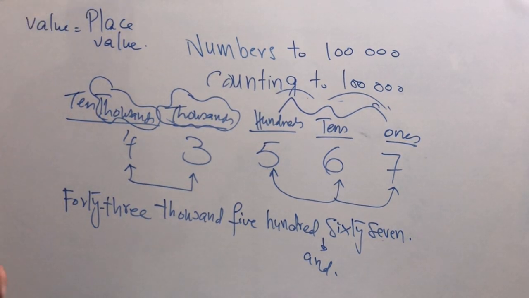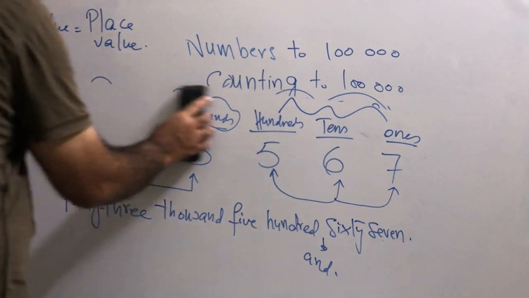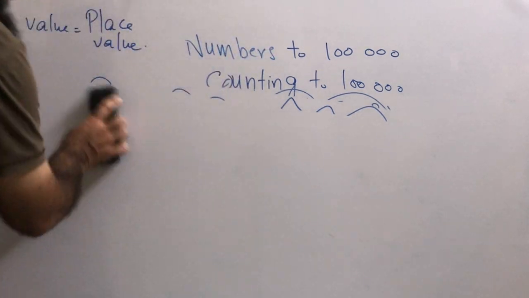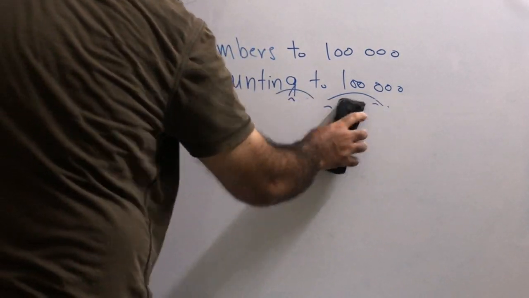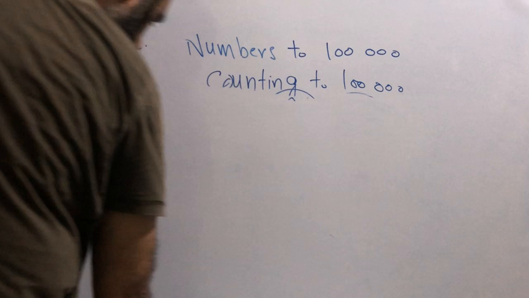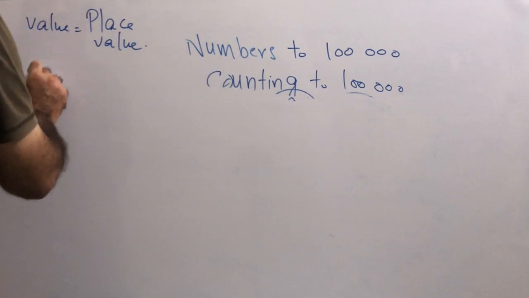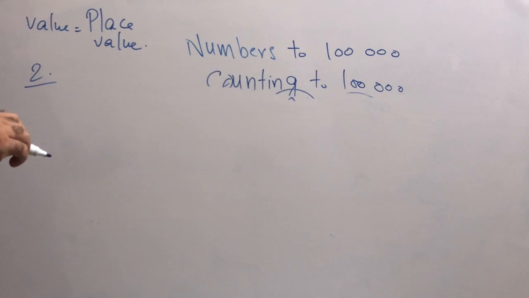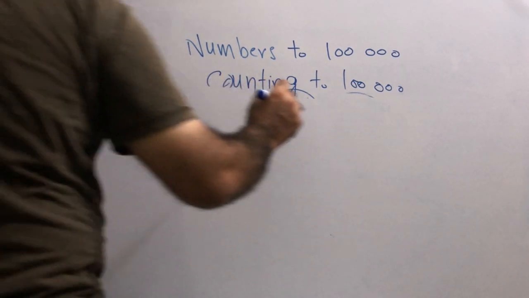Okay, so now we will be moving to question number 2 on page number 3. This is the continuation of the same topic where we will be doing a practice so that the concept should be very clear for you. Okay, so it is written that there is a number.